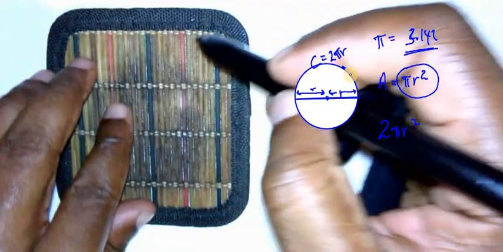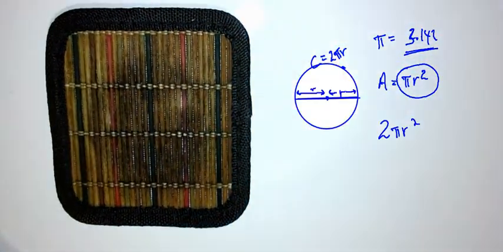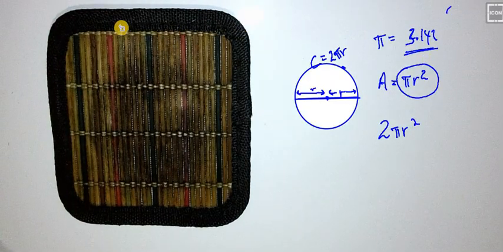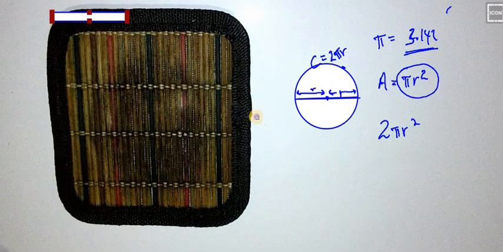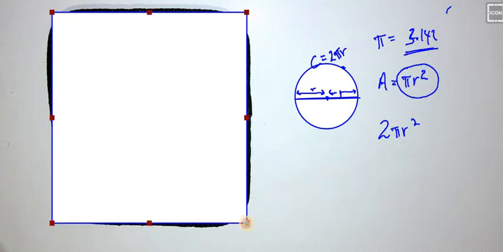This top part here is actually the same circle that we had originally. When folded around, it is a circle, and its length is 2 pi r. So this length here is 2 pi r.